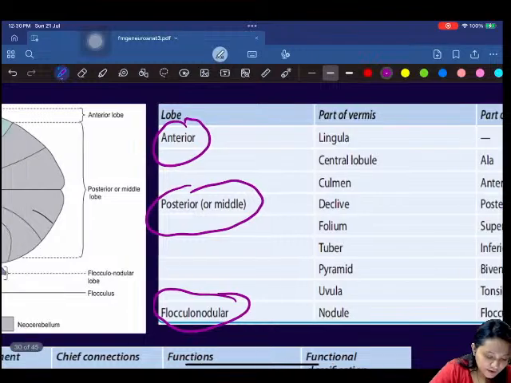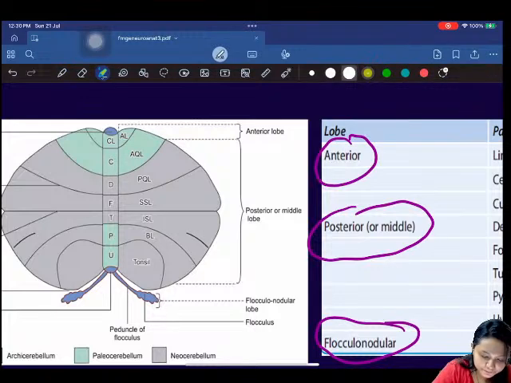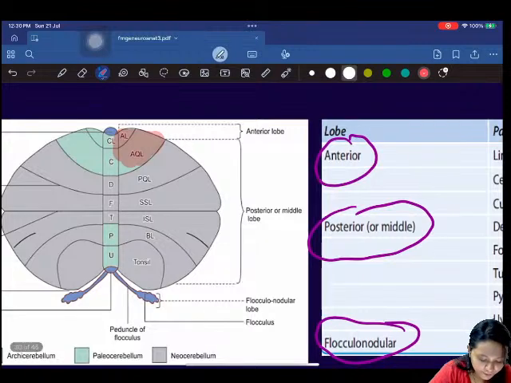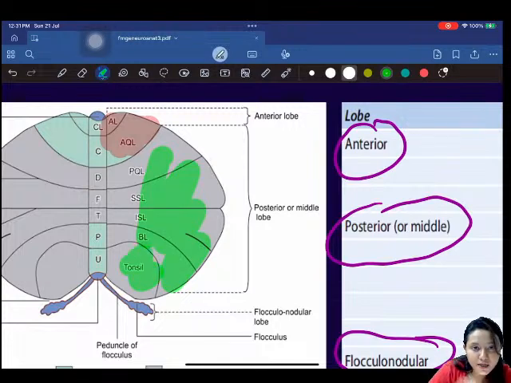As you can see here, this part is the anterior lobe. Then this entire part is the posterior or the middle lobe, the largest part, and the smallest part is the flocculonodular lobe.